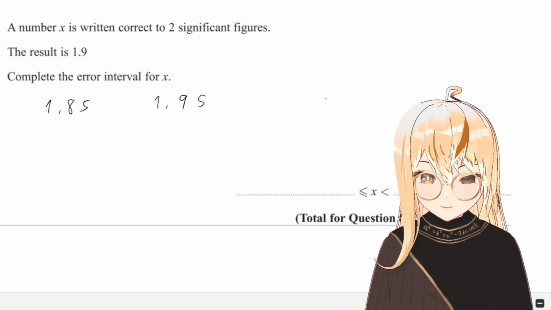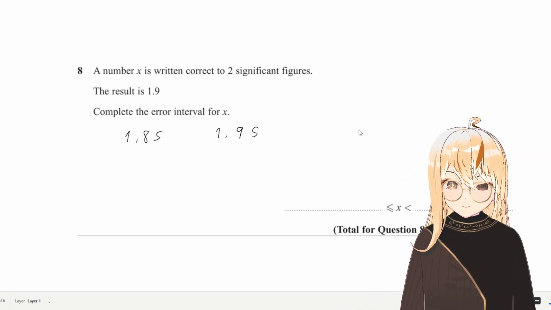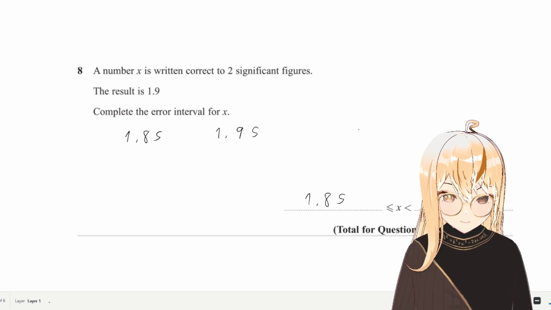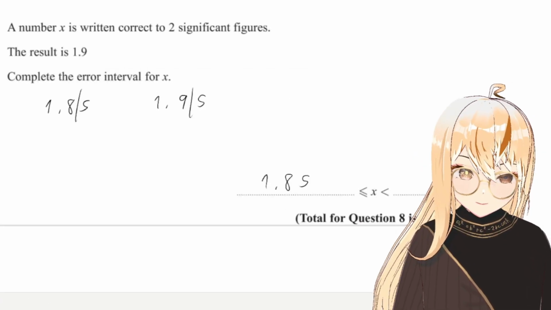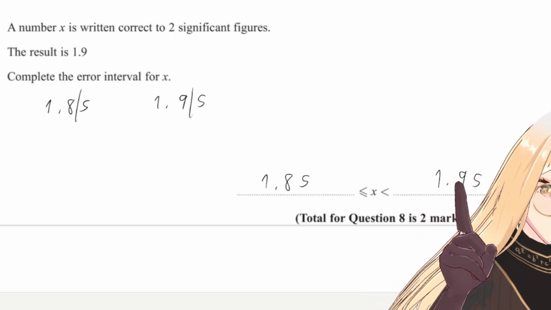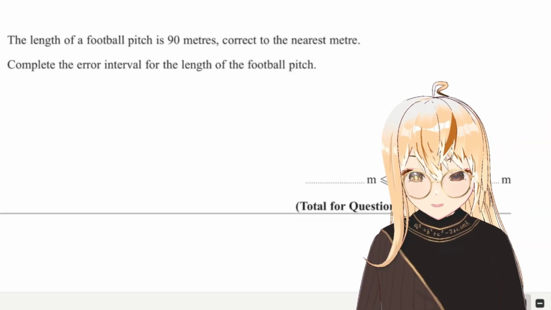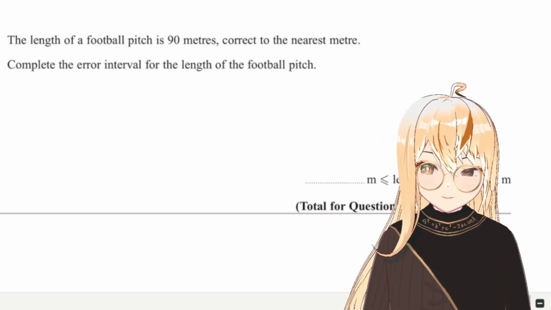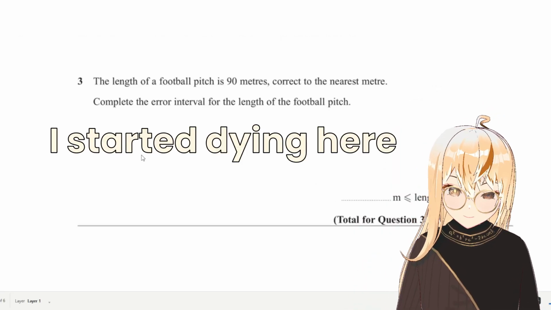Again, anything that's less than 1.95 and greater than or equal to 1.85 will round to 1.9 because we're rounding to two significant figures. Here. So, pretty easy. This topic isn't worth a lot of marks, but you can pick up a few easy marks if you get this down.